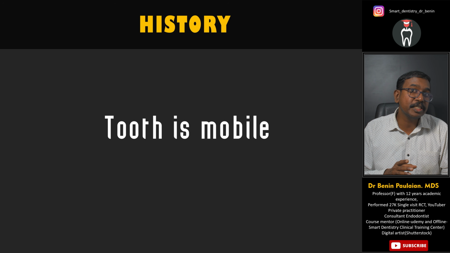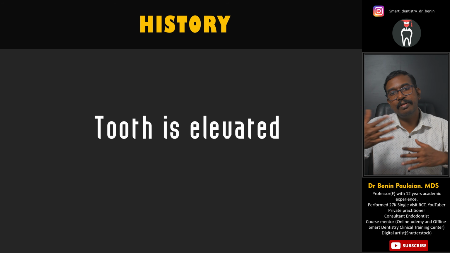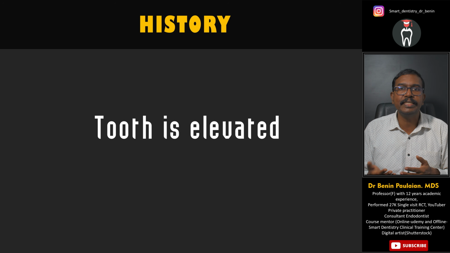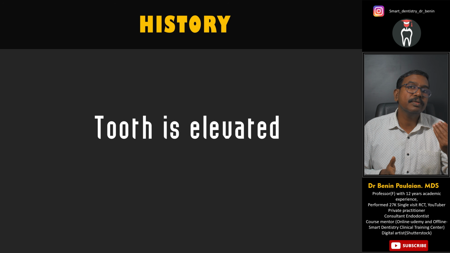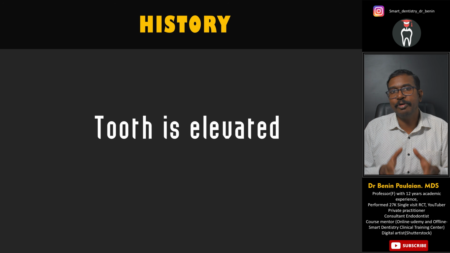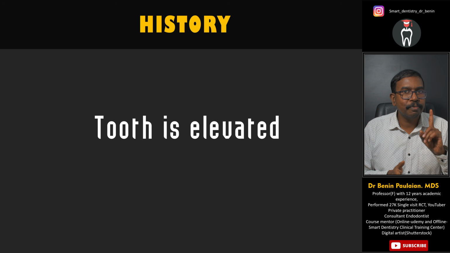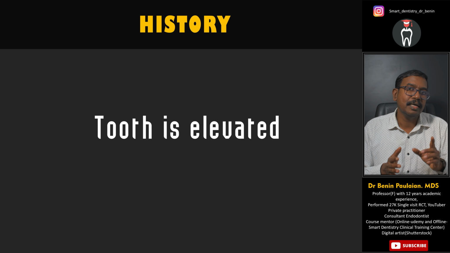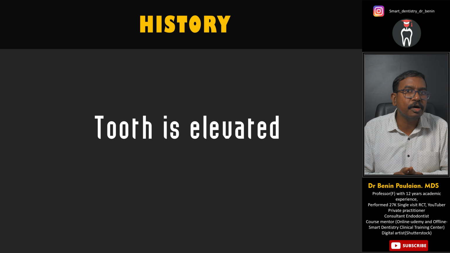Whenever the patient complains of a mobile tooth, or says that the tooth is elevated, we should ask them, is that the only tooth which is mobile, or are almost all the teeth mobile? If multiple teeth are mobile, then it could be a periodontal problem. If there is one specific tooth which is mobile, then most probably it is a problem of endodontic origin.